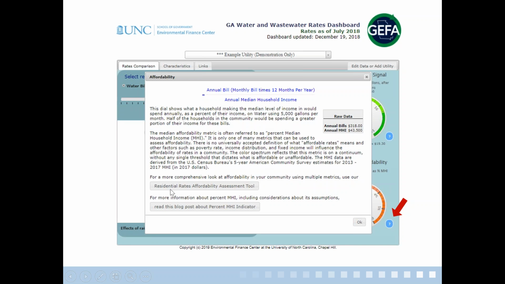So we do have a link here to our residential rates affordability assessment tool, which I really encourage you to use if you want to find out how your utility bills may be affecting people, especially on the lower income levels of your community. You know, poverty rate also goes into that. Maybe the annual MHI is looking pretty good, but you have a 35% poverty rate.